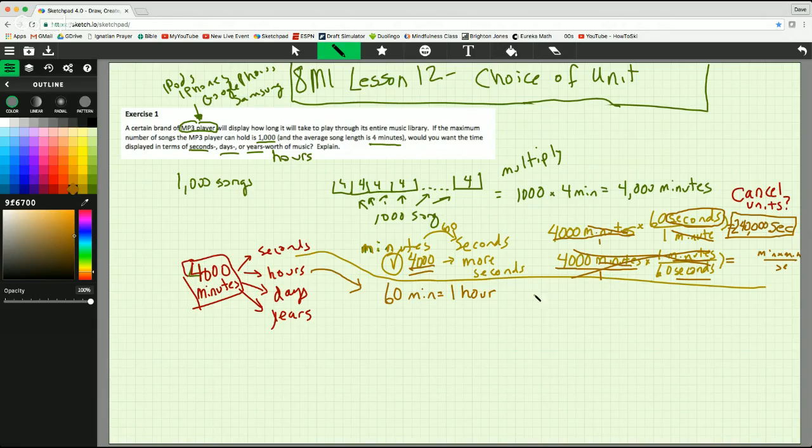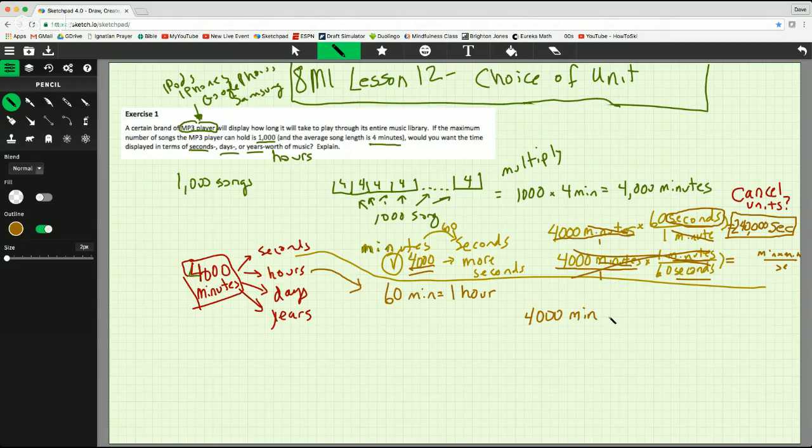When we multiply our 4,000 minutes, we're either going to multiply it by 60 minutes in 1 hour, or we're going to multiply it by 1 hour in 60 minutes.